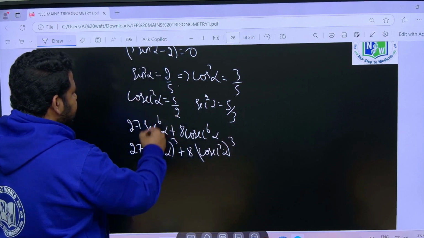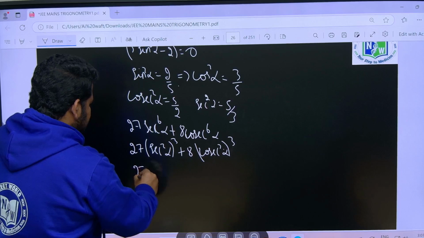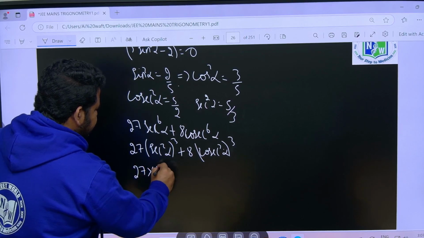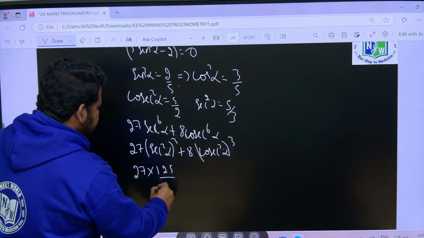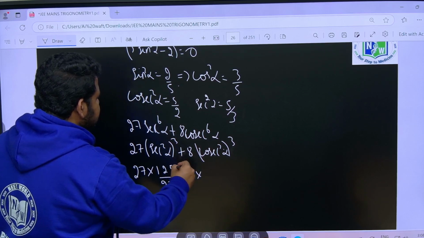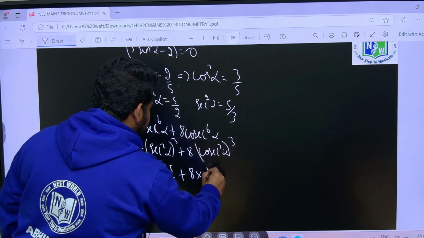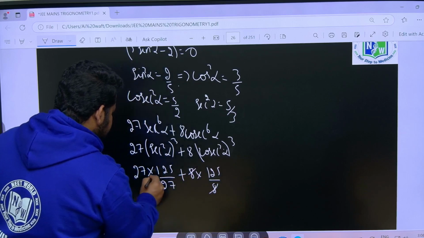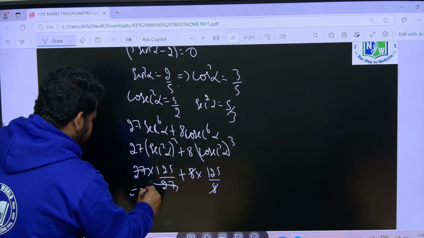Secant square alpha is 5 by 3, so 27 into 5 cube by 3 cube; 5 cube is 125, 3 cube is 27. Plus 8 into cosec square alpha is 5 by 2; 5 cube is 125 and 2 cube is 8. This cancels, this cancels. 125 plus 125 we will get as 250.